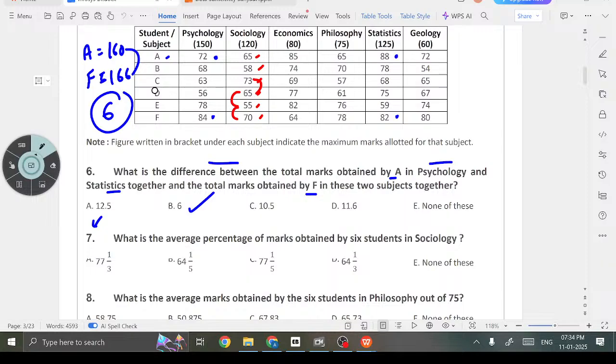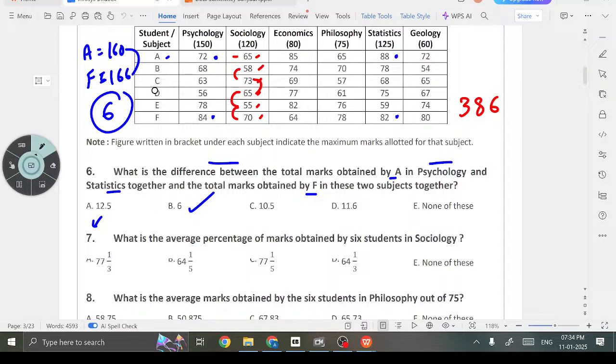Now I can add the remaining ones. 190 plus 65 is equal to 255. 255 plus 120 is equal to 375, 386. It becomes 386. This is the total marks they got.